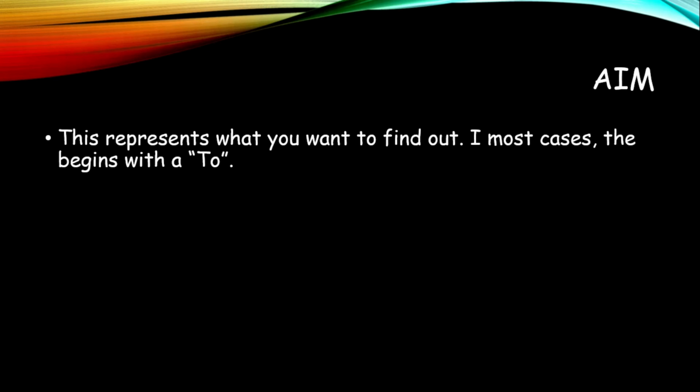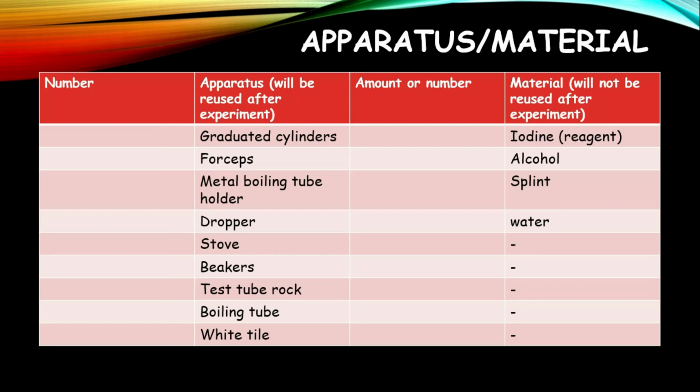Then your aim: what is it that you intend to find out? This usually begins with to determine, to examine, right? Usually your aim is what you intend to find out. What is this research about at this level, as your SBA CXC labs?